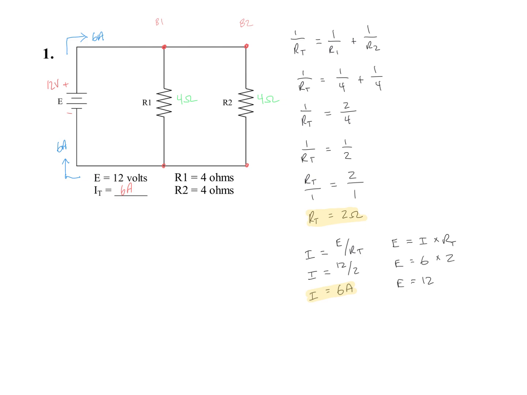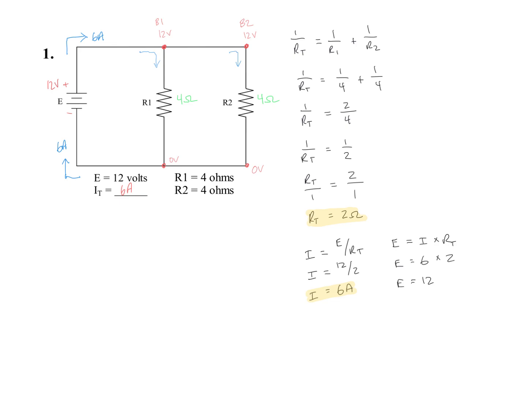Also, we know that there's 12 volts at both of these points, and we know down here that there will be 0 volts, because the voltage drop will be the same on both of these ends. So if I said, hey, what's the current that flows through branch 1, or what's the current that flows through branch 2?